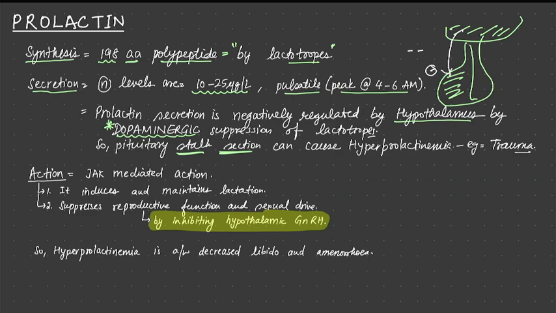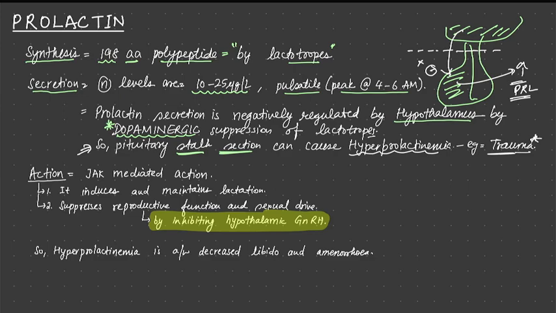Whenever there is stalk section, there will be no brake and the pituitary will increase the secretion of prolactin. This is what is written in this line. So pituitary stalk section can cause hyperprolactinemia. For example, it is seen whenever trauma involves the stalk. So this is a very important concept.